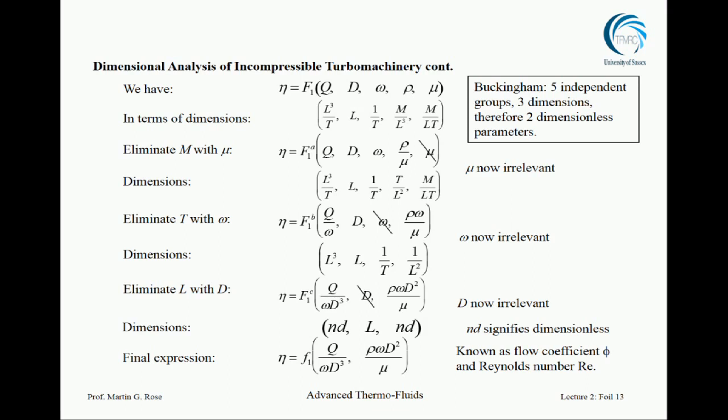And the logic follows that since it's the only term in the equation with a particular dimension in it, it must be wrong. It cannot be there. So we eliminate it. We simply cancel it out. So viscosity now gone, but left in a new term, which is the ratio of density to viscosity.